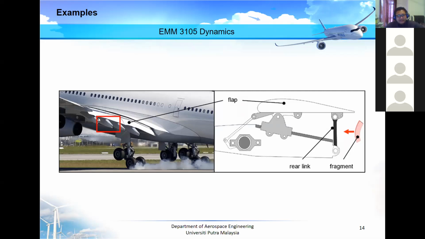So that sort of stuff you can normally see during takeoff and landing. Okay, to design something like this, you need the knowledge of dynamics.